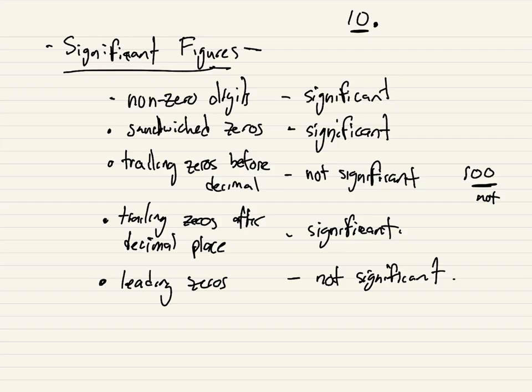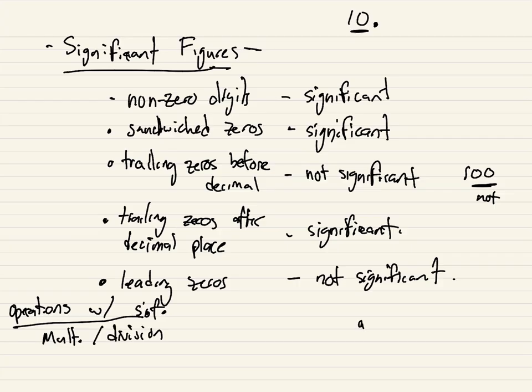And then we also talked about operations with significant figures. We had multiplication and division, and then addition and subtraction. And for multiplication and division, what was the rule? Yeah, that's exactly right.